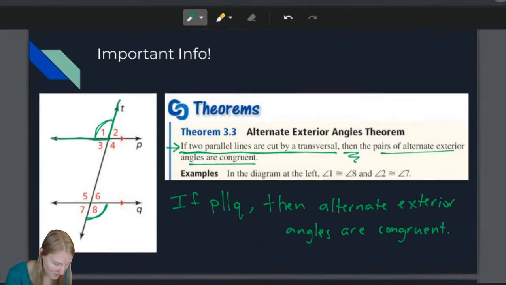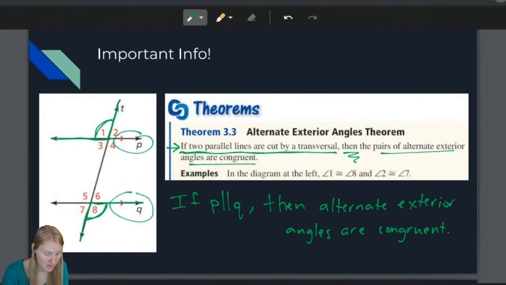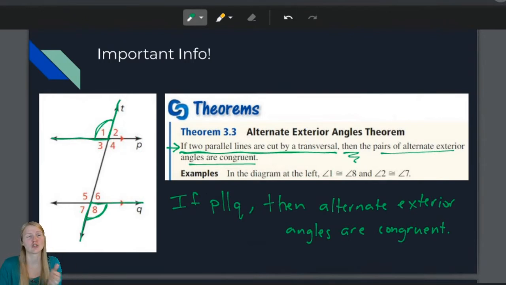And angle 8 is also an obtuse angle. They look the same. They look congruent. If these lines are parallel, angle 1 and angle 8 look congruent. And they are. It's not always the case that two angles that look congruent are congruent, but in this case, if I have parallel lines, angle 1 and angle 8 are congruent.